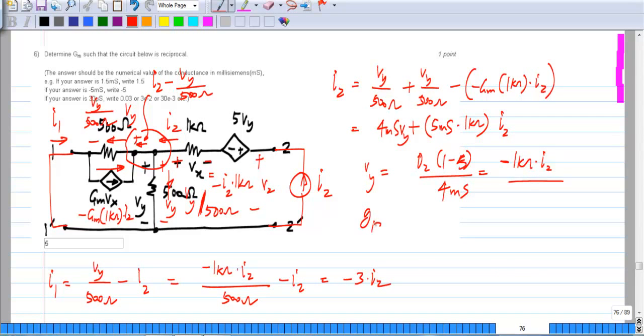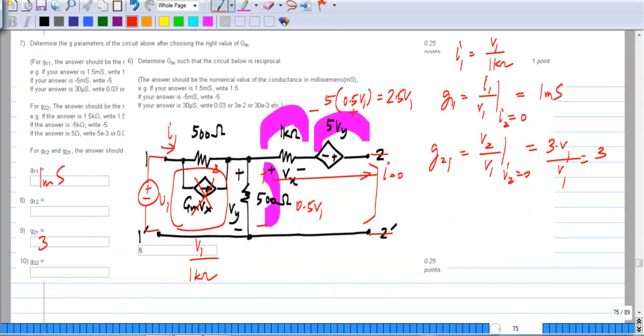So G12, which is I1 by I2 with port 1 short circuited, is minus 3. Now earlier we determined G21 to be 3 and G12 is minus 3. We know that this is reciprocal, so that satisfies the sanity check. If you know that it is reciprocal, we don't have to independently determine that, but just as an exercise I did that and now confirm that it is reciprocal again in another way.